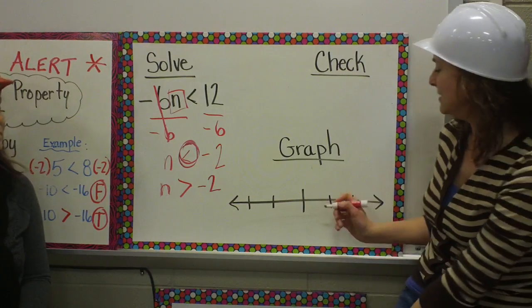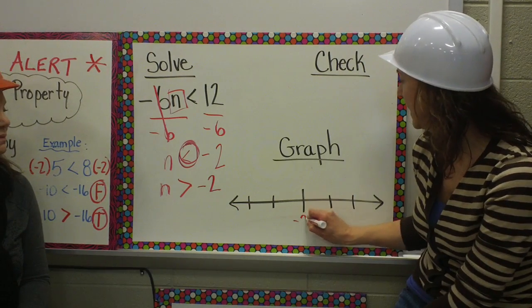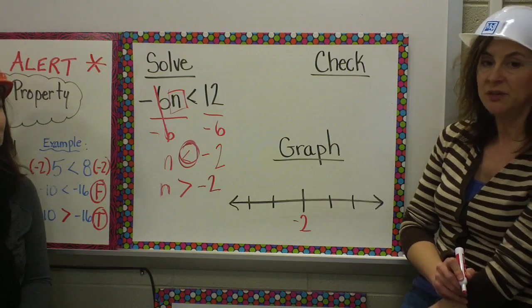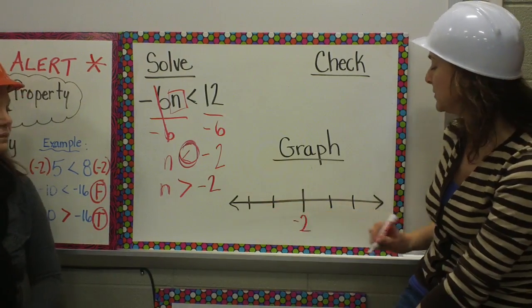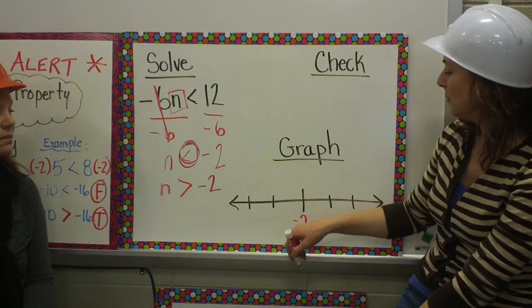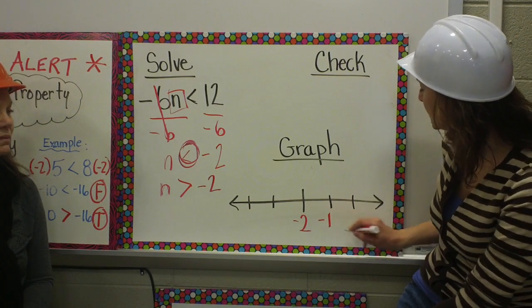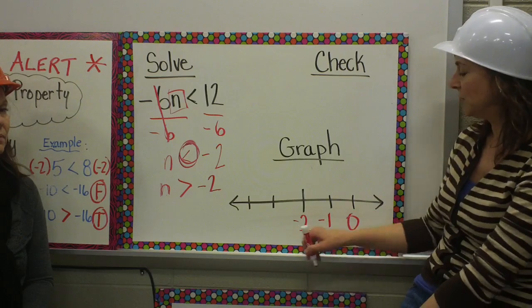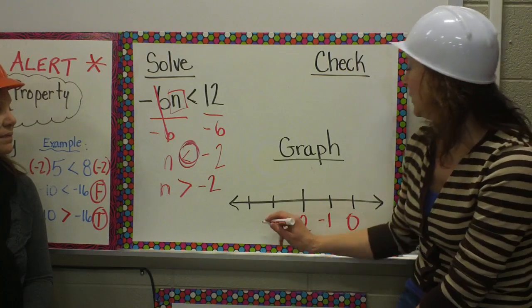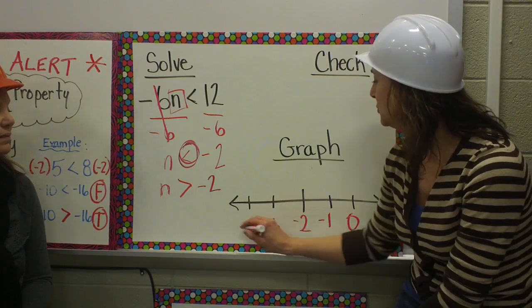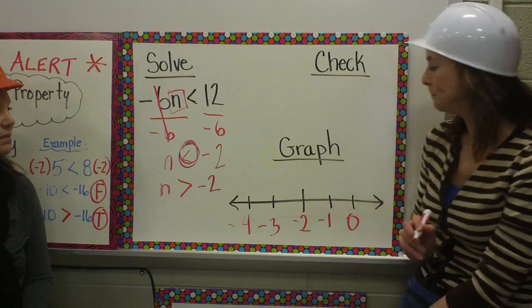Now, in graphing this, I'm going to plot negative 2 in the center, and then I'm going to put a couple numbers to the right and to the left. Remember, I'm dealing with negatives, so as I get closer to 0, my numbers get larger. My interval is going to be 1. When I go this way: negative 2, negative 3, negative 4.